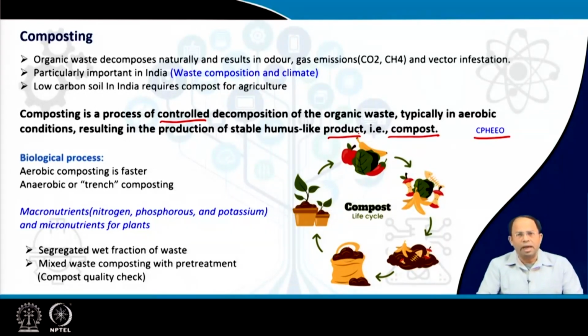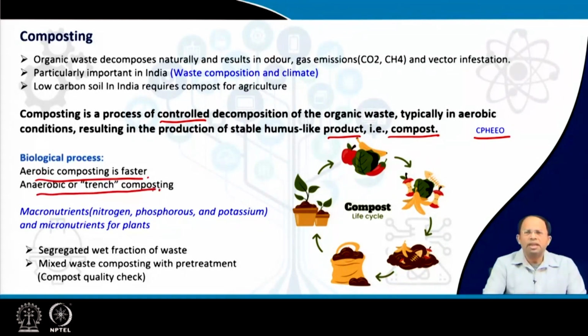Now, because it's a decomposition process, primarily we use biological processes, and as we have learned earlier about aerobic and anaerobic processes, aerobic is when the decomposition happens in the presence of oxygen. So aerobic composting is faster than anaerobic composting, and anaerobic or trench composting is usually not preferred because of higher bad odor, and because the process is slower as well.